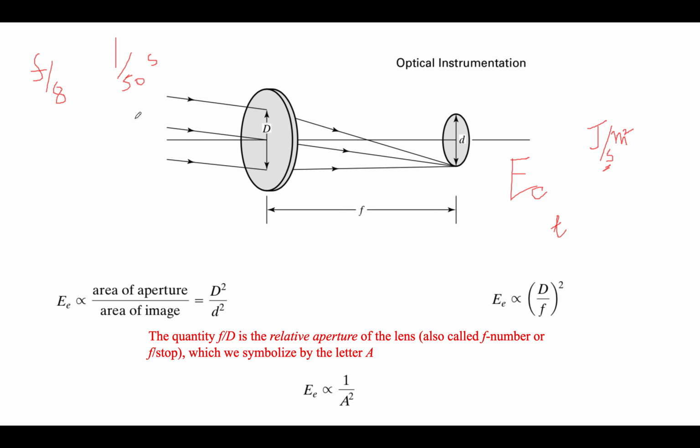So if I have to double the exposure time, what should be the f number that I should choose?